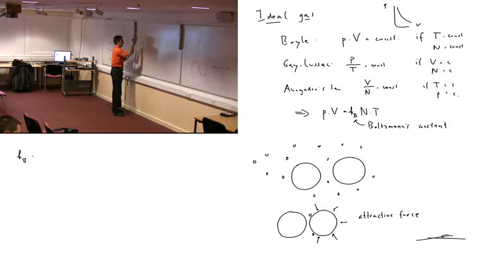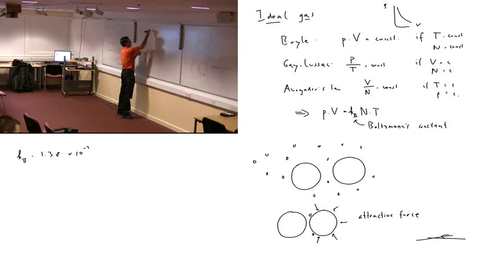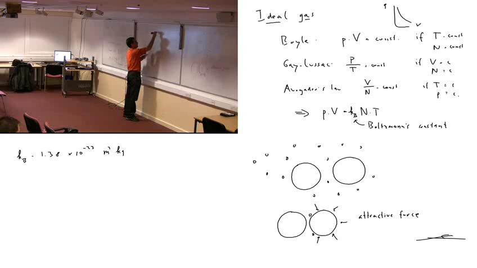Of course, these numbers at this point don't play too much of a role, but minus 23 meters square kilograms per second per Kelvin.